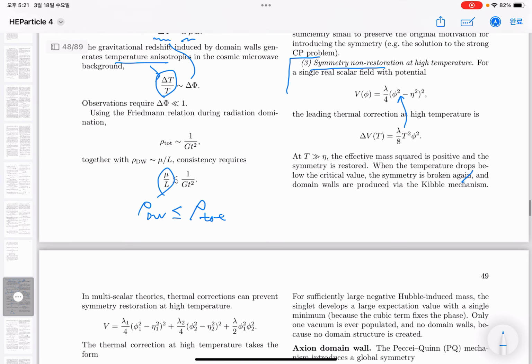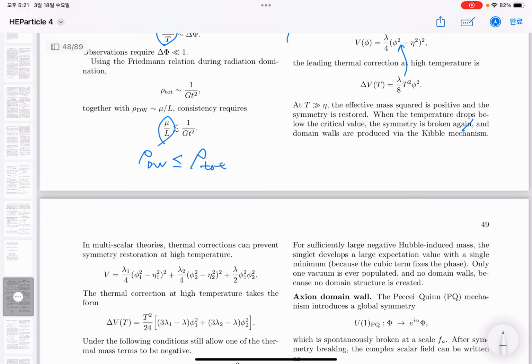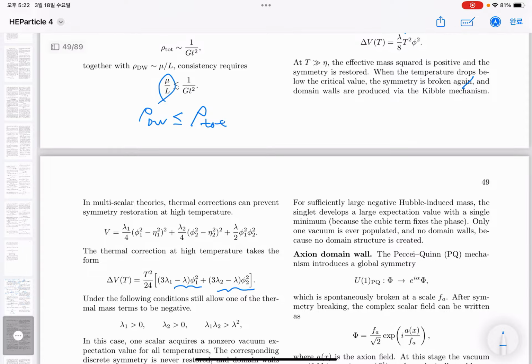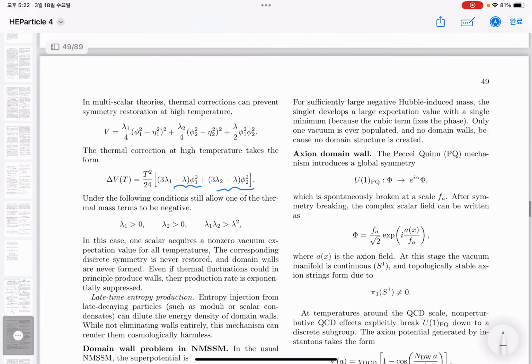But in the multi-scalar theory, the thermal corrections can prevent the symmetry restoration. So there are two scalars, pi1 and pi2, and thermal corrections now come from the two different scalars. And by choosing some specific parameter regions, the thermal mass term always gives some negative quadratic terms.